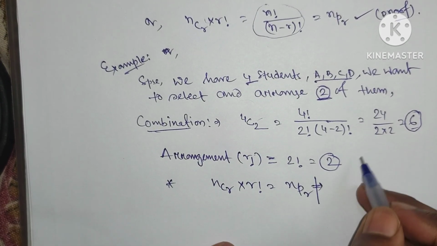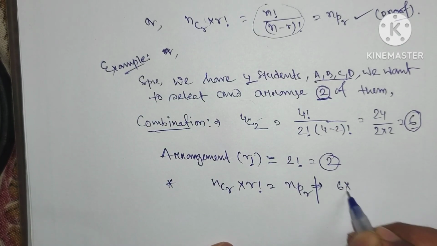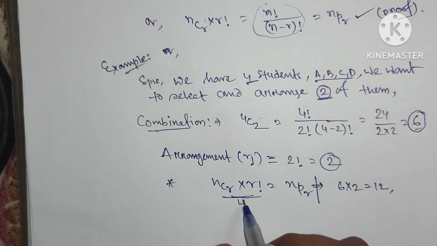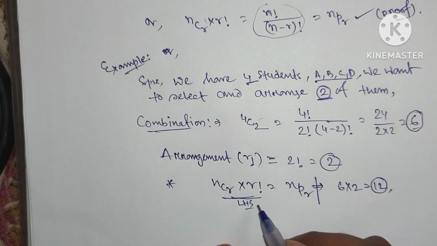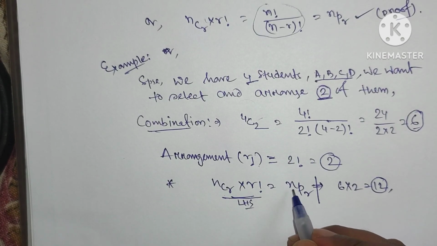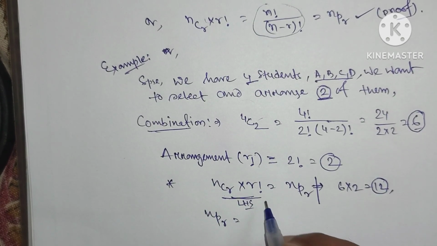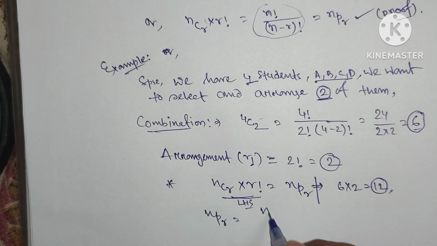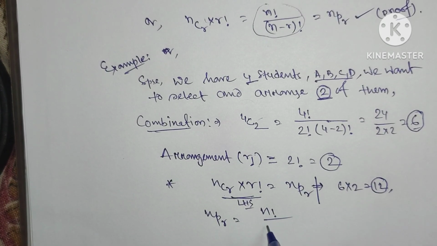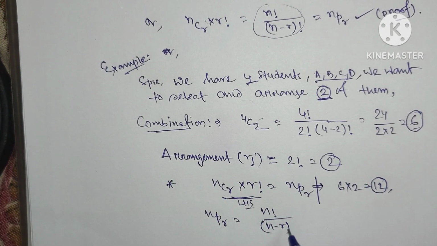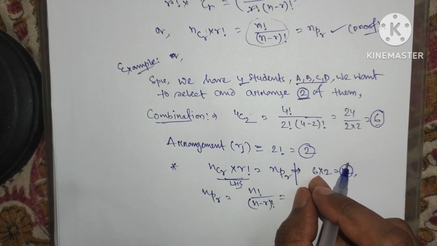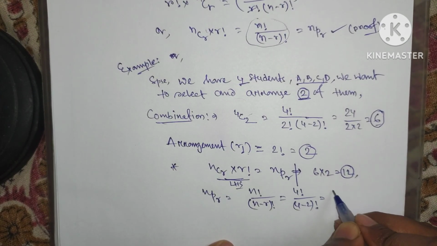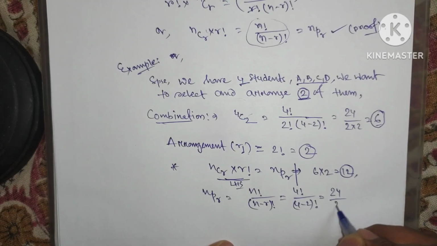अब ये प्रूव होता है कि नहीं, देख लो. तो nCr इंटू आर फैक्टोरियल पता है, तो मतलब 6 मल्टीप्लाई बाई 2, दैट इज 12. अब ये हम लोग का LHS, LHS का वैल्यू निकला 12, राइट. अब RHS का वैल्यू हमें निकालना है. फिर nPr का फार्मूला क्या है? n फैक्टोरियल बाय n माइनस r फैक्टोरियल, दैट इज बेसिकली 4 फैक्टोरियल बाय 4 माइनस 2 फैक्टोरियल. तो व्हाट हैपेंड? 24 by 4 minus 2 factorial, that is 2, that is 12.